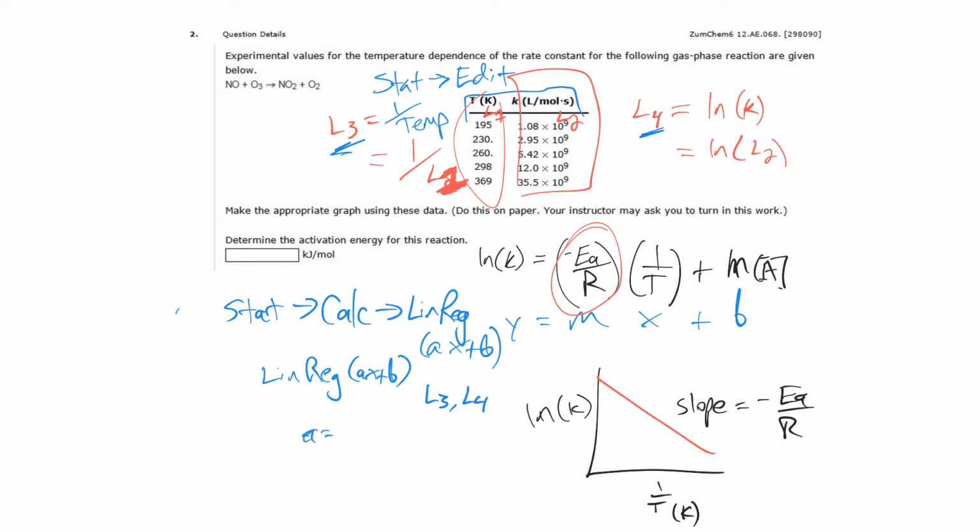and when I do that, we're particularly interested in the slope, and in my case that worked out to be negative 1,436 from the calculator screen. Once you've got the slope, then we can set that equal to negative activation energy over R, which is 8.3145 joules per mole times degrees Kelvin.